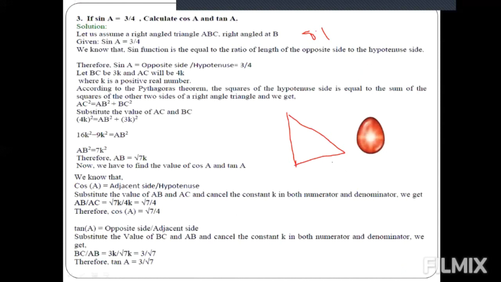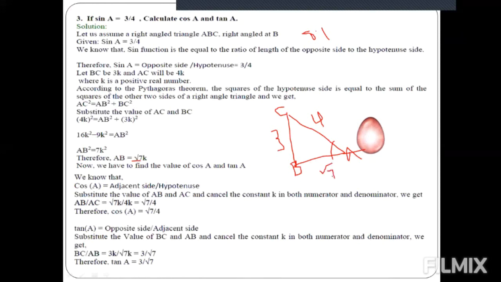This is angle A, angle B, and angle C. So for angle A, sine A is opposite by hypotenuse. So opposite is 3, so CB is 3 and hypotenuse is 4. You need to find AB. So you need to use Pythagoras theorem, and we have found that root 7 is AB.